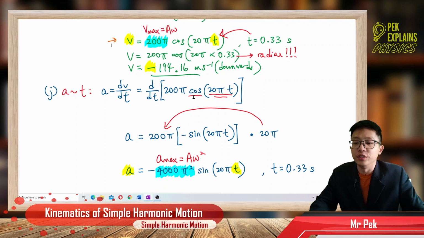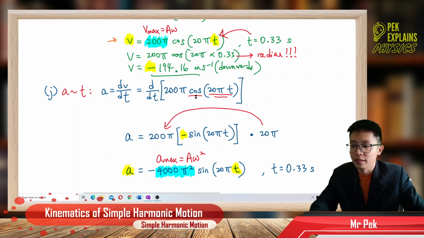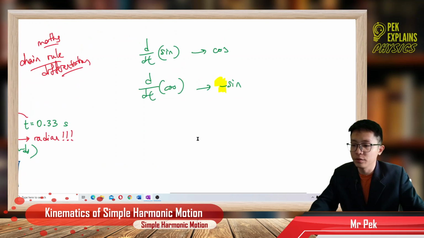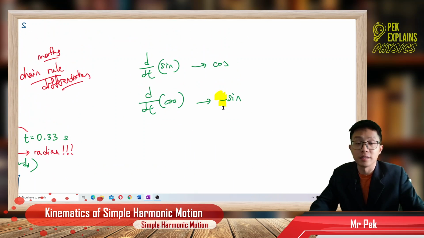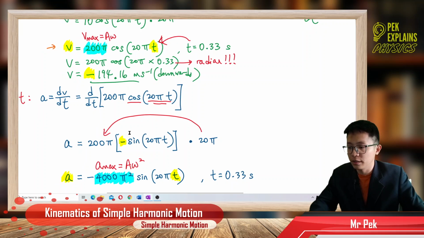Differentiate cos, you get negative sine. Don't forget your negative. I told you this just now. And then the rest just copy. Now differentiate inside.